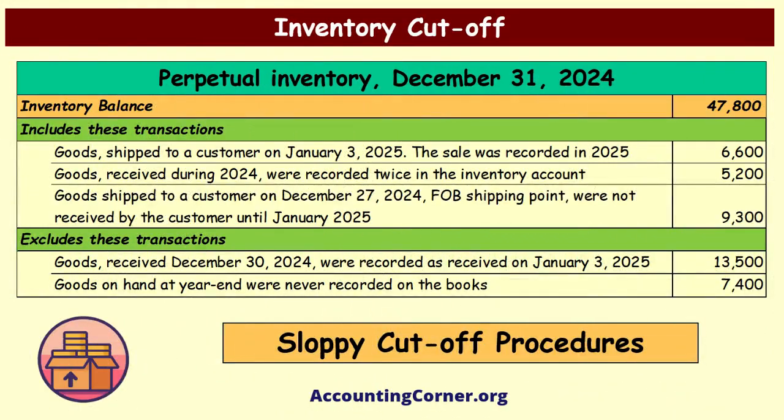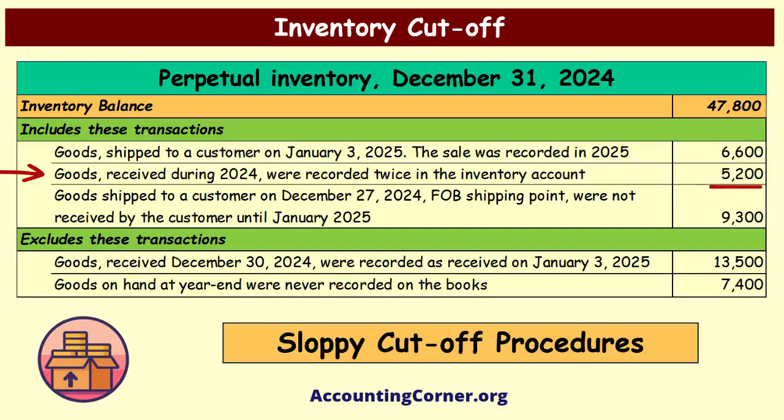Event number 1. Some goods were shipped to a customer on January 3, 2025. The sale of these goods was recorded in 2025. The cost of these goods is $6,600. Event number 2. Goods received during 2024 were recorded twice in the inventory account.